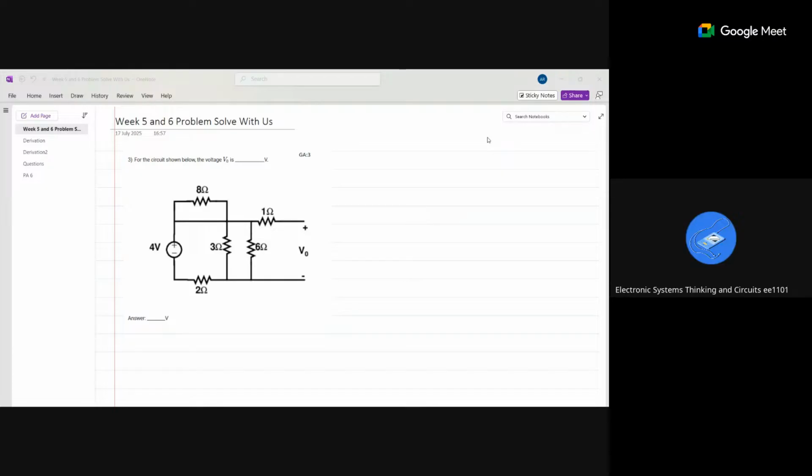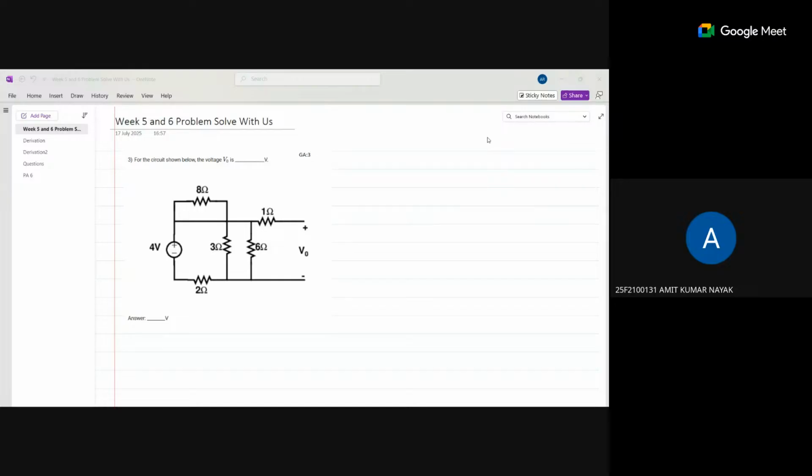How to solve this problem? Ma'am, in this circuit, the 8 ohm gets short-circuited, and the 1 ohm is of no use as it's open circuited. So our circuit will have only 2 ohm, 3 ohm and 6 ohm. We simplify the 3 ohm and 6 ohm to get an equivalent resistance of 2 ohm, and then the 2 ohm and 2 ohm are in series, so R equivalent is 4 ohm.